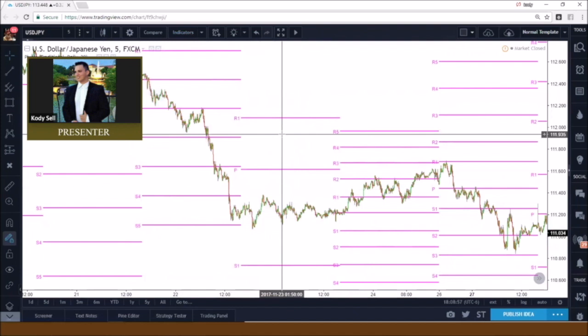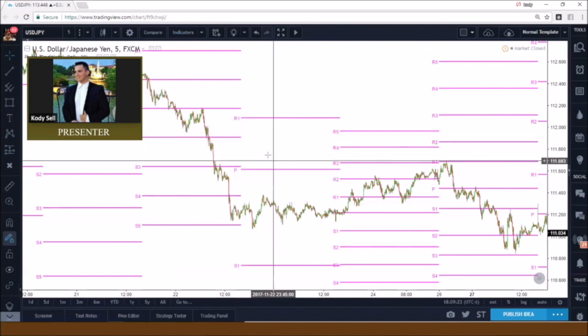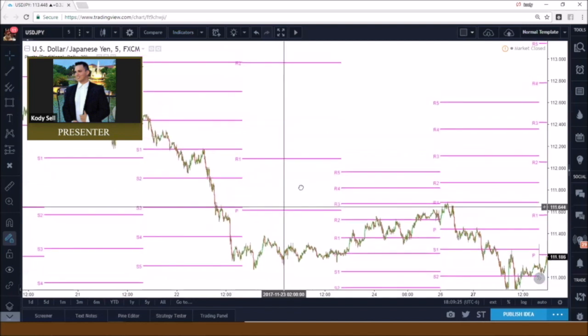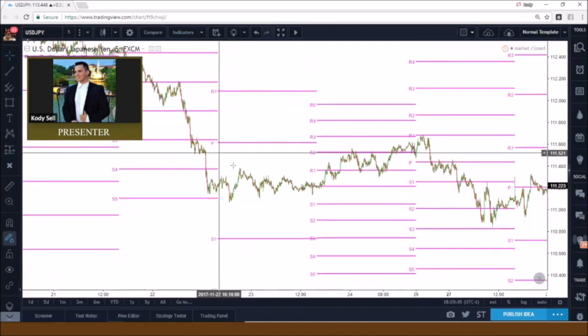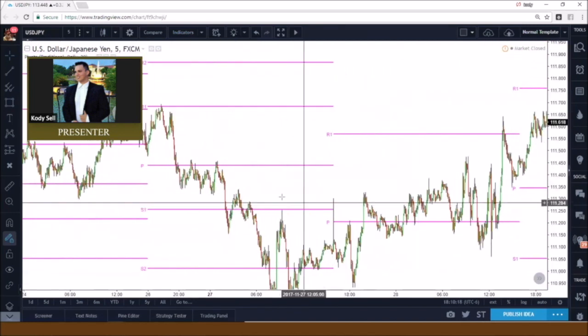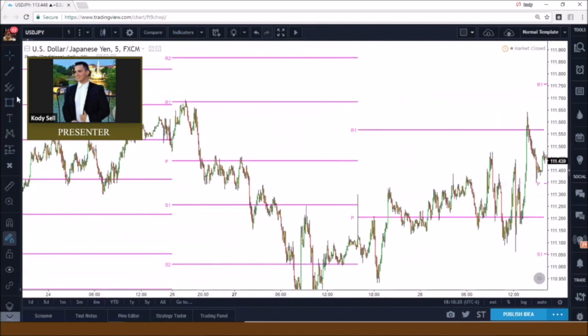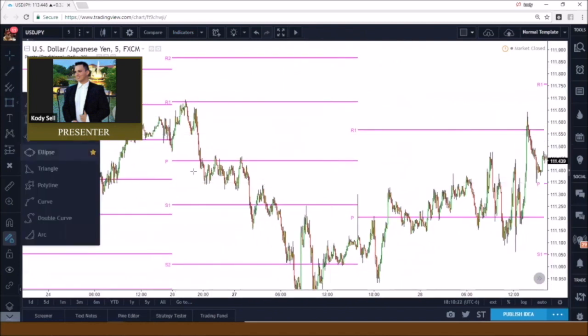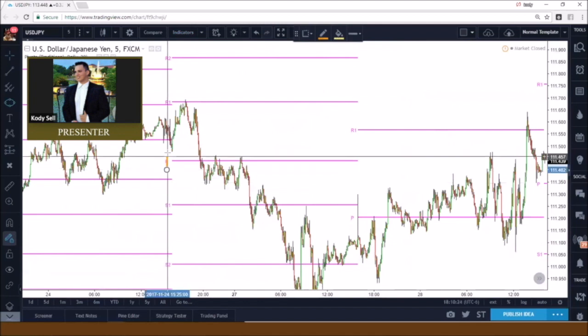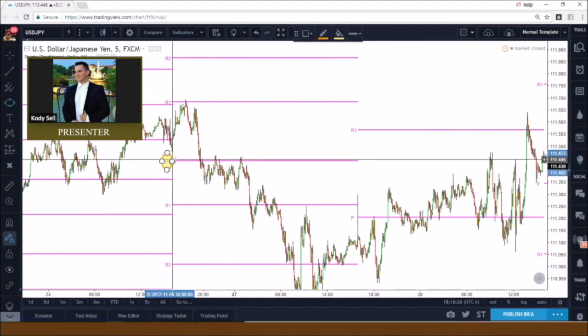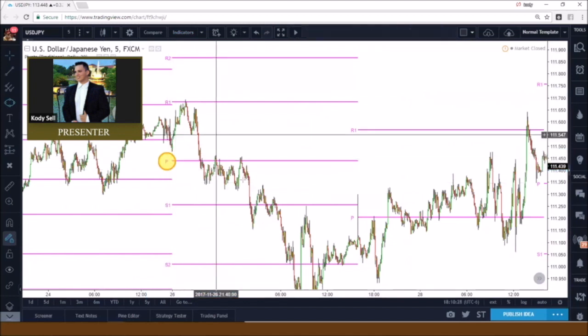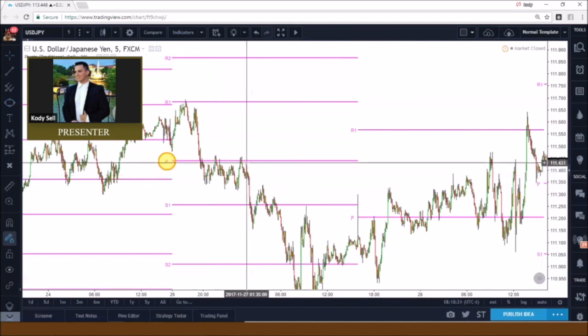So that just gives you an idea of how these formulas are working to consistently update to market conditions. And then, of course, understand that institutions are moving price in between these pivotal levels each day. So one of the things I want to talk to you about real quick is these pivot names. I'm going to zoom in here. Notice right here, we have our P. That is our pivotal level, our central level.